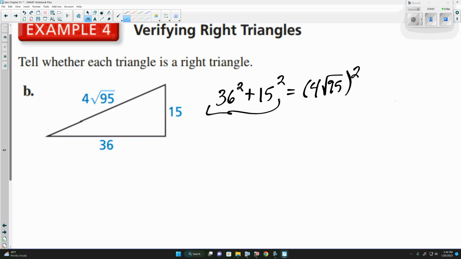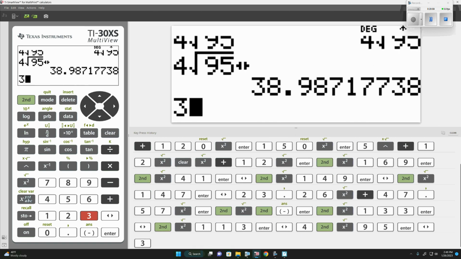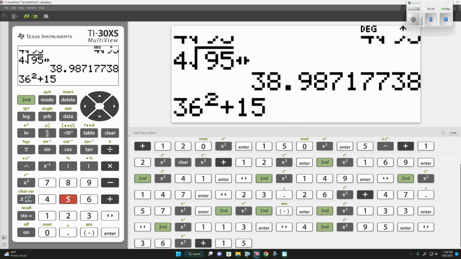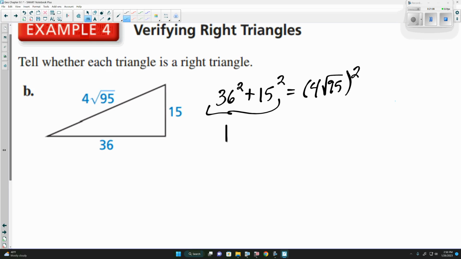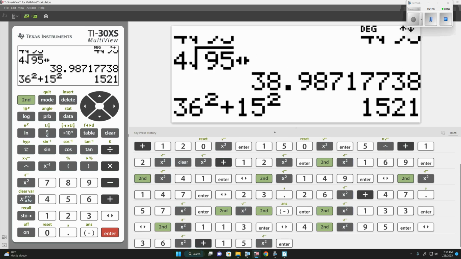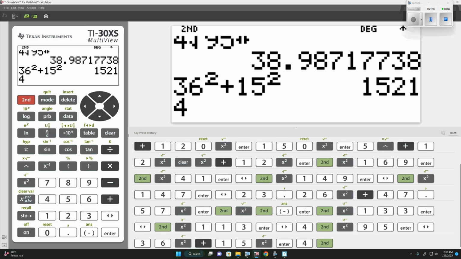Now, 36 squared plus 15 squared. Again, we can let the calculator do those. 36 squared plus 15 squared. That's 1,521. The square applies not just to the square root of 95, but to the 4 as well.